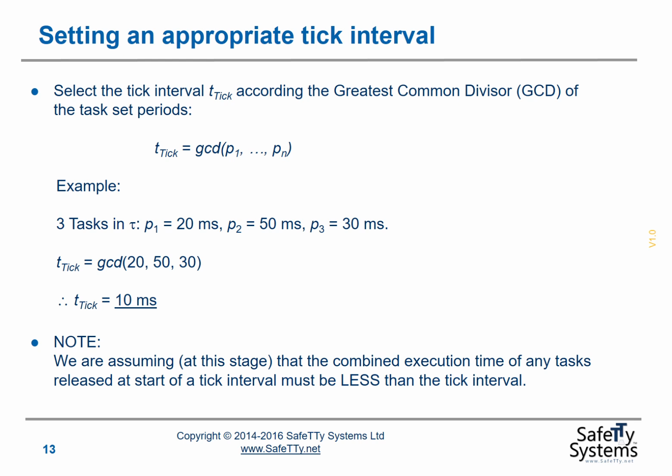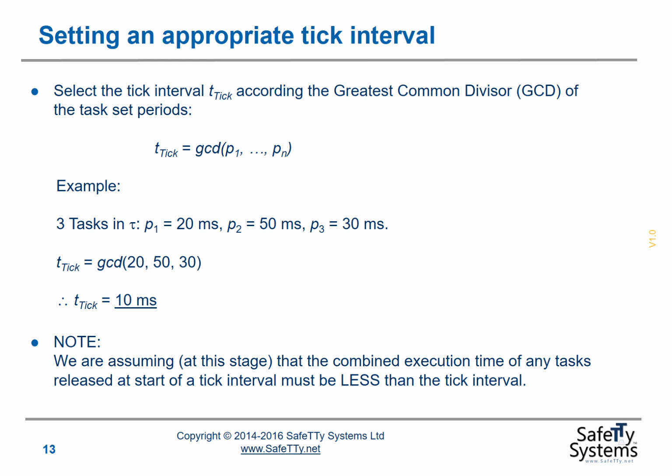This would be the maximum tick interval that we could use. We could use a tick interval less than this, provided that none of the tasks had an execution time that was longer than the tick interval. We could use a tick interval that's shorter than the value that we calculate through use of the greatest common divisor, if we wish to do so in a general case.